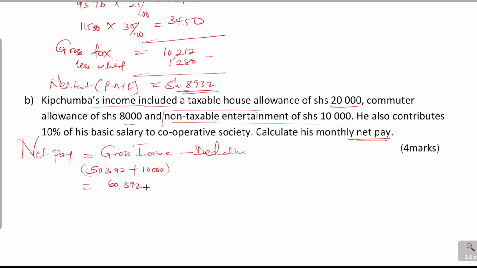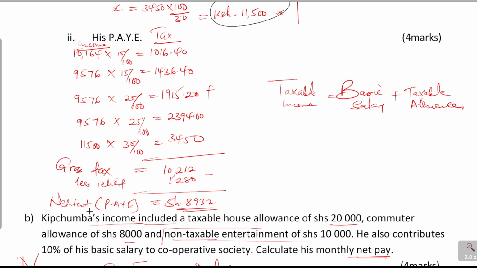The deductions are here. He contributes 10% of the basic salary. So because we don't have the basic salary, we have to get that. And there's something here I wrote. The taxable income, you get it by taking the basic salary and then add all the taxable allowances.